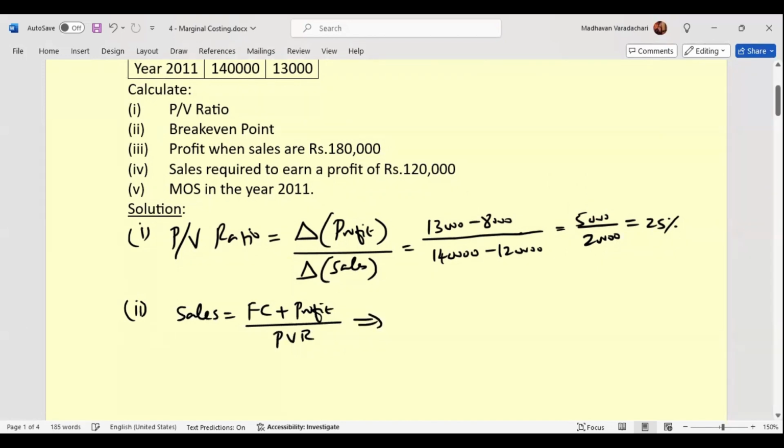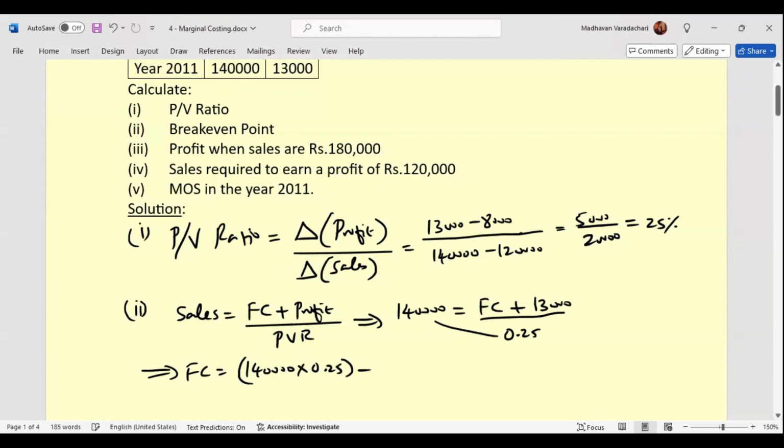Let us consider the 2011 sales, 1,40,000 is equated to fixed cost, which we have to find, plus profit is known to be 13,000. PV ratio just now we calculated, it is 0.25. Cross multiplying, we will have fixed cost is equal to 1,40,000 multiplied by 0.25 minus 13,000. If we calculate, we will get the fixed cost as 22,000.